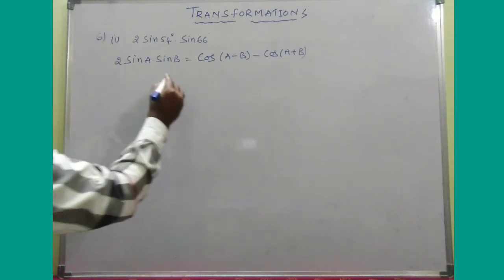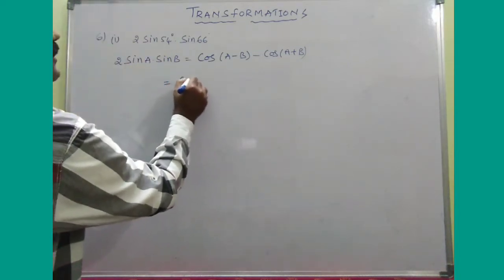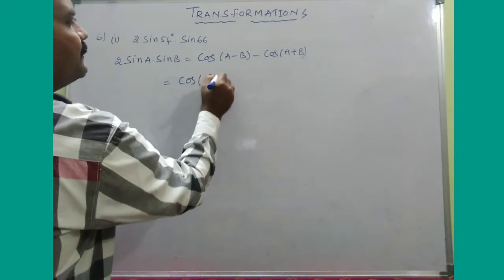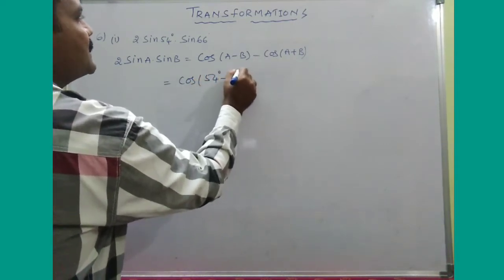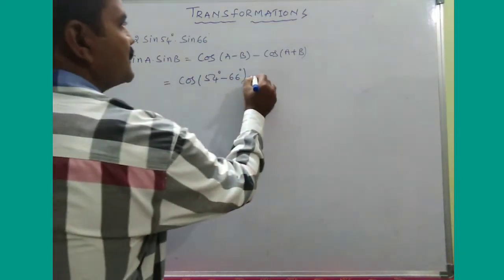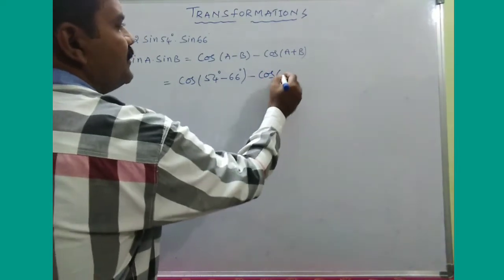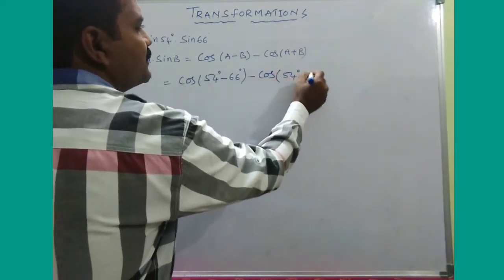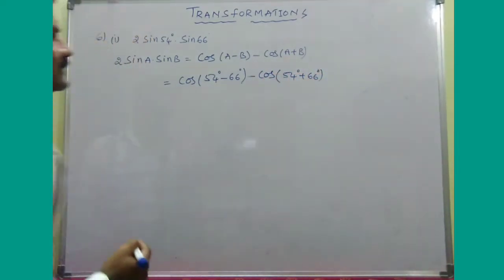So according to that, we can write this as cos of (54 minus 66), and minus cos of (A plus B), 54 degrees plus 66 degrees.